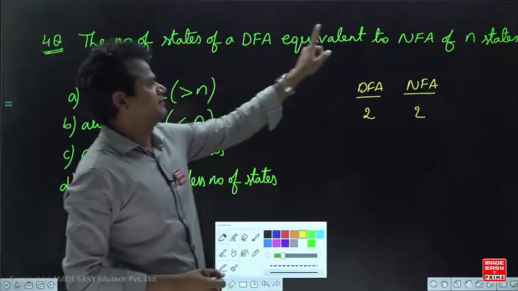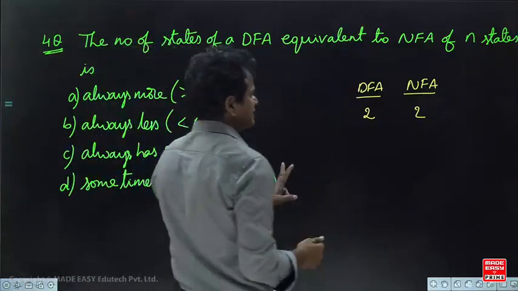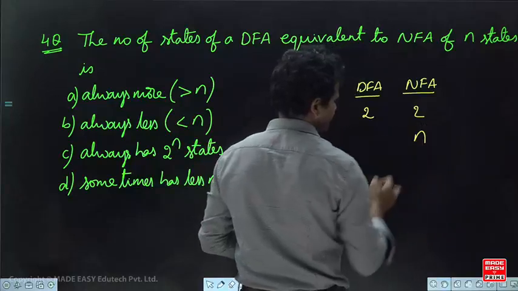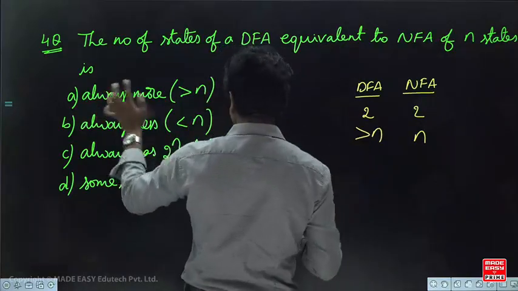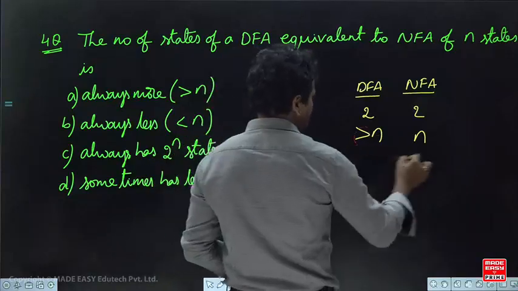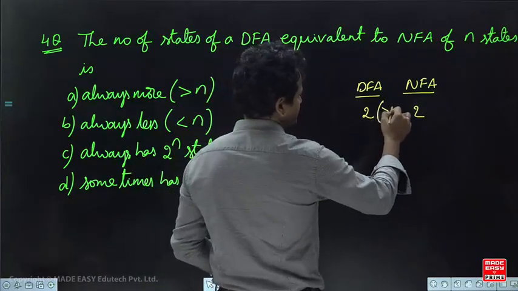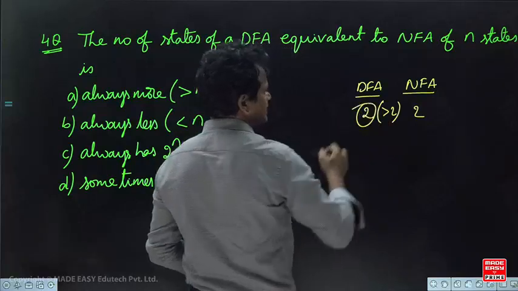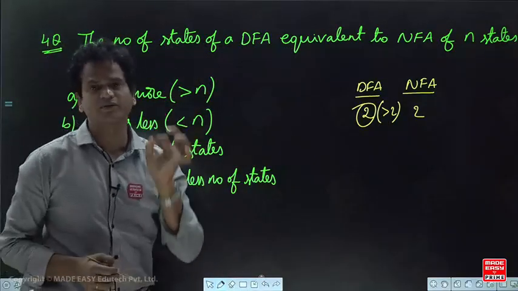If the NFA has n states, how many states will be there in the DFA? If the option "always more than n" is the right answer, then according to this, how many states must it have? Greater than 2. But how many states do we have here? Equal to 2. So it may have equal also.